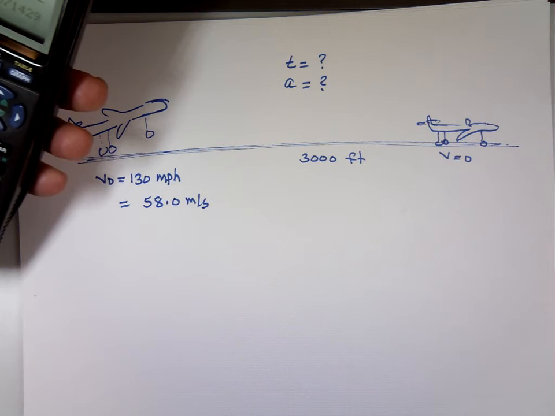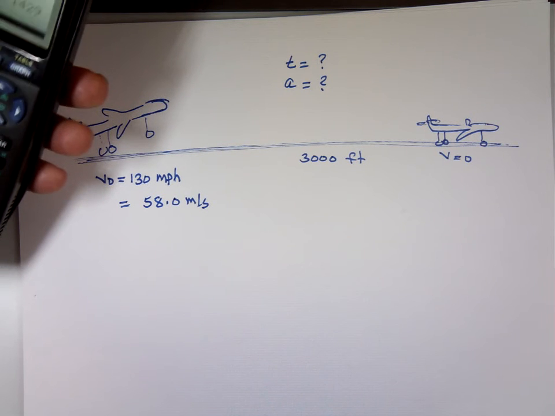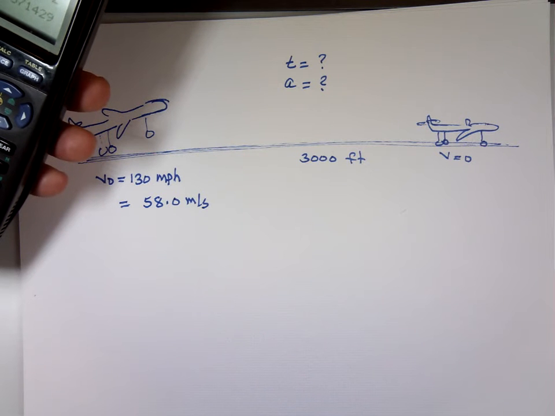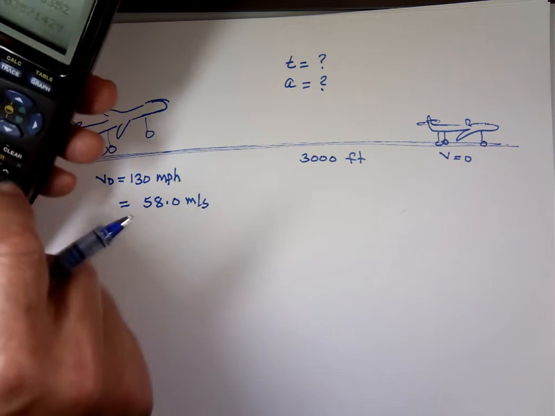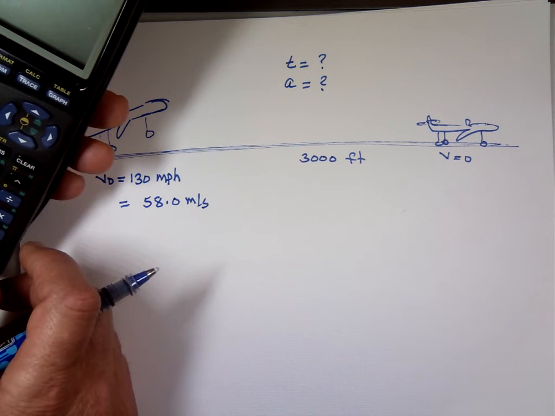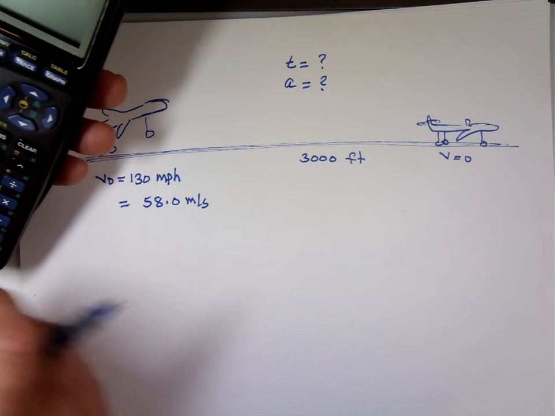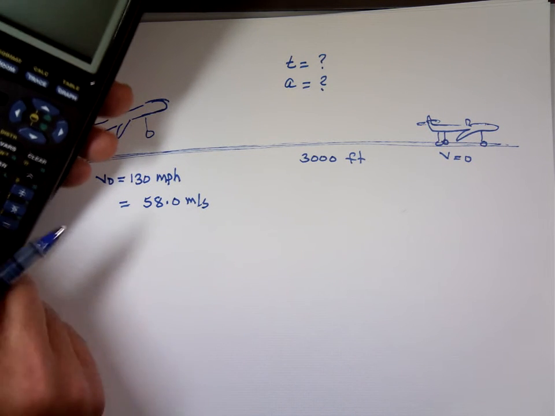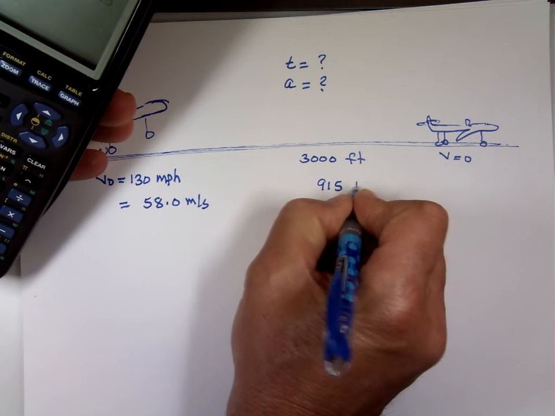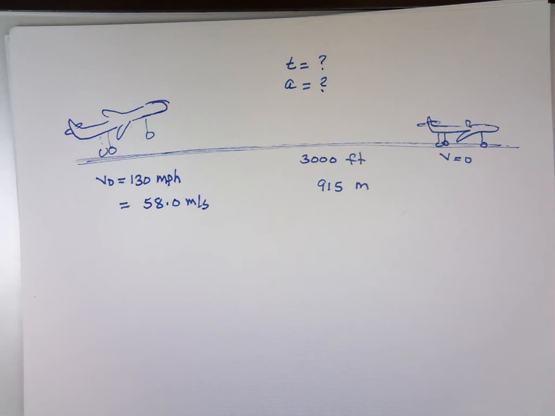Somebody just told me 1 foot is, what was it, 0.309 or something? 0.305. So it's going to be 915 meters. 9.5 football fields before the plane comes to a complete stop.